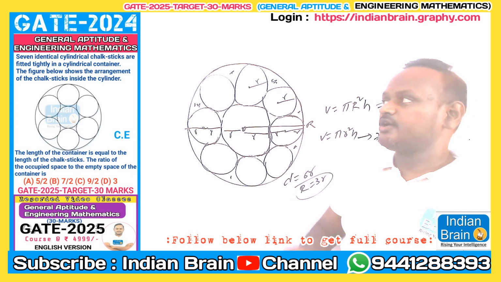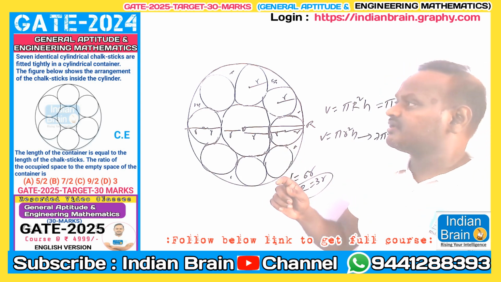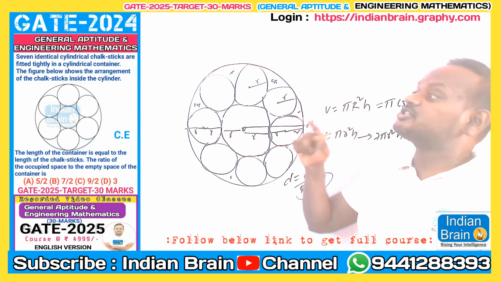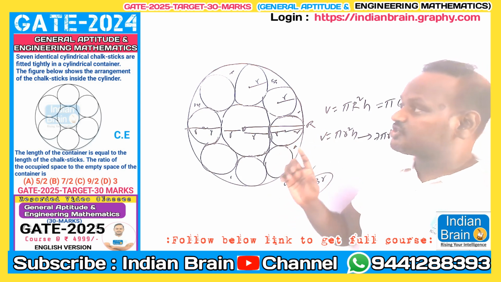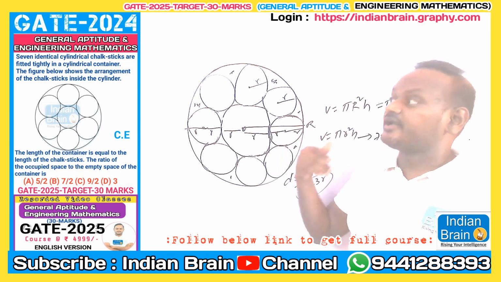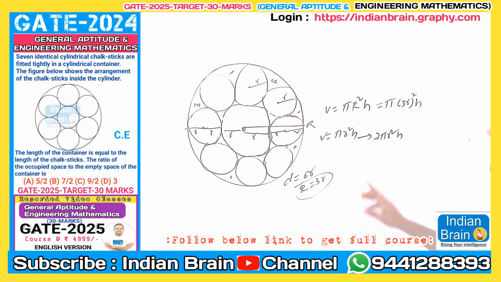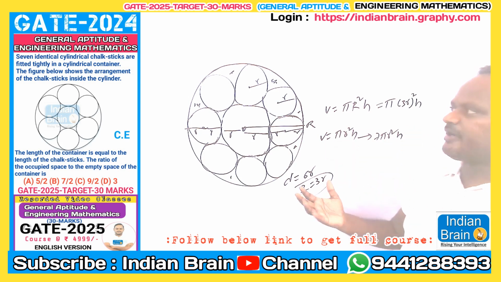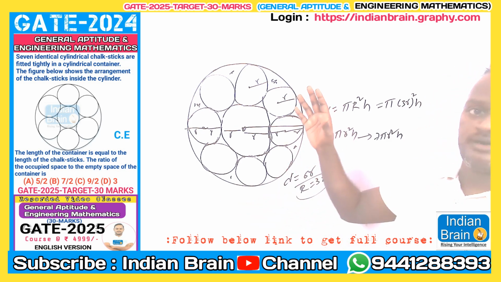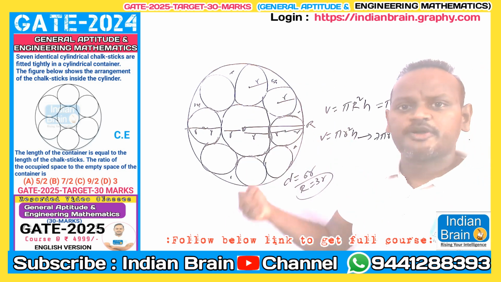But what is the question here? Occupied space to the empty space. We need to find the ratio of occupied space to the empty space. Here we have occupied space, that is 7 pi r square h. But I want empty space. Empty space means outer cylinder total volume minus occupied space.